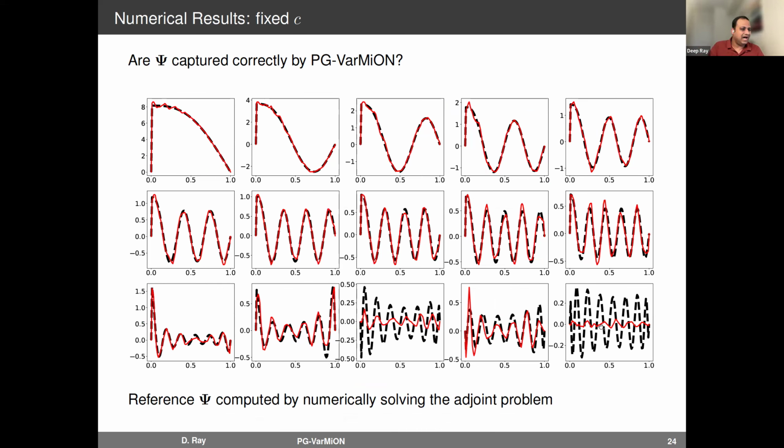So maybe barring the last 3 high frequency modes, the PG-VarMiON is able to actually recover the underlying trial basis functions in an unsupervised manner without being shown the true psi, okay? So the PG-VarMiON is able to learn this, which is why it's able to perform well on out of distribution F as well, because you've actually learned the solution operator structure of the PDE in this Petrov-Galerkin formulation. This is what gives us good performance.